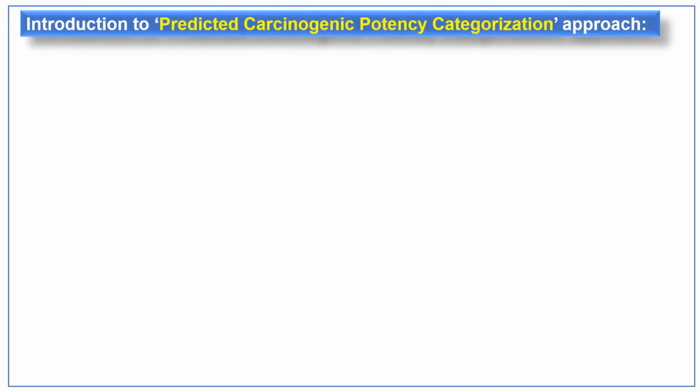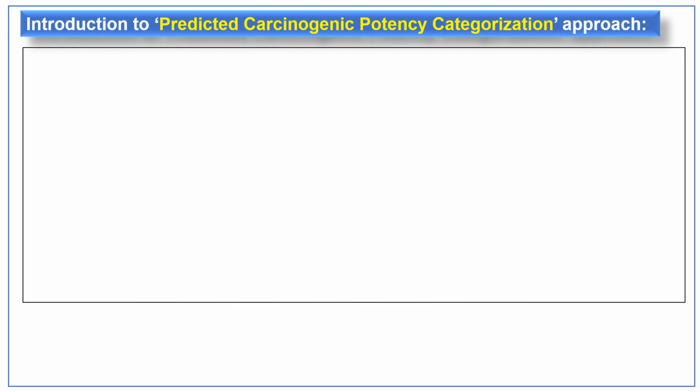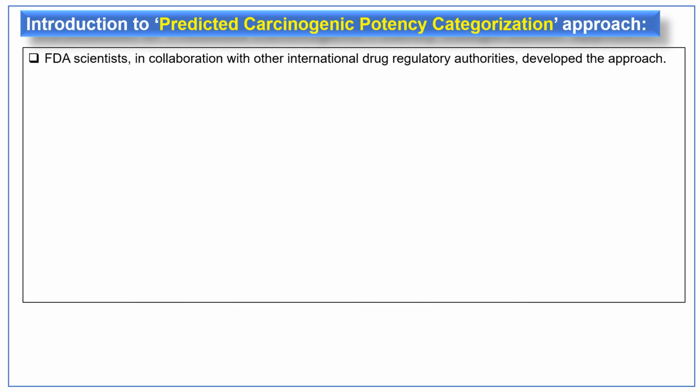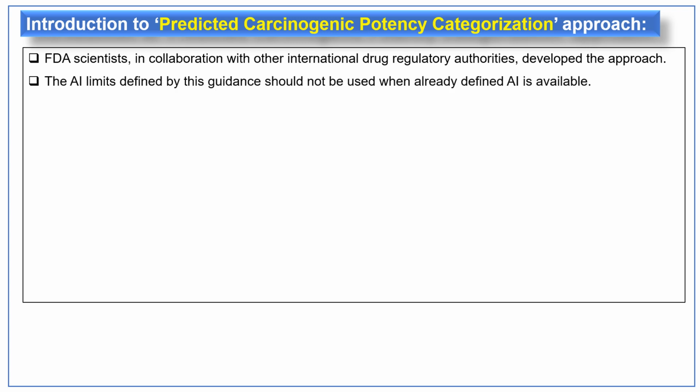This guideline is based on categorization of the nitrosamine drug substance related impurities into different categories according to their carcinogenic potency. Thus, it gives an introduction to the predicted carcinogenic potency categorization approach. FDA scientists in collaboration with other international drug regulatory authorities have developed this approach. This approach should not be used for the limits that are already defined for the nitrosamine impurities.